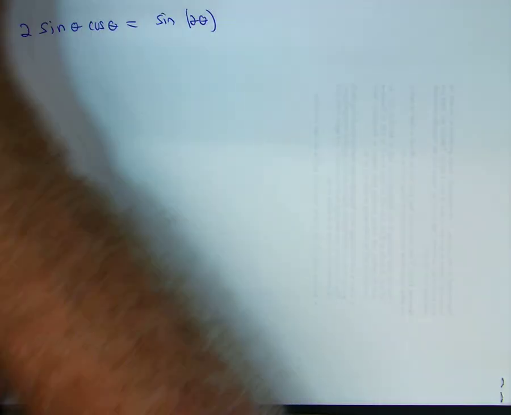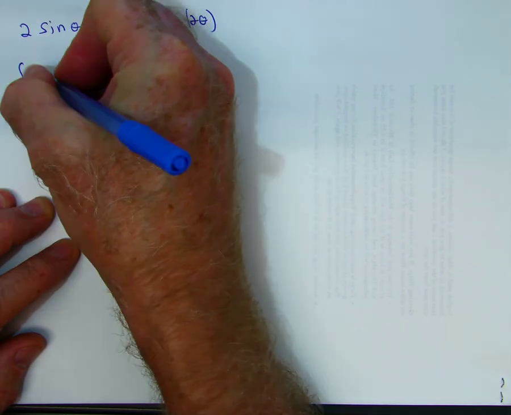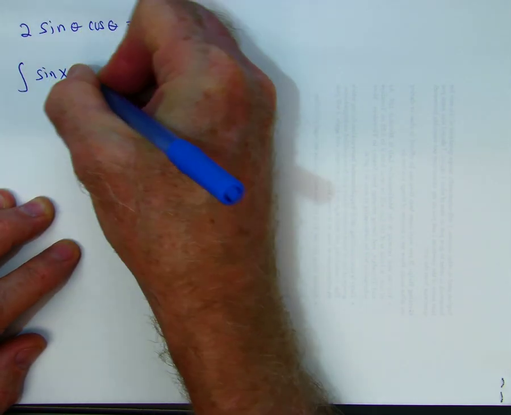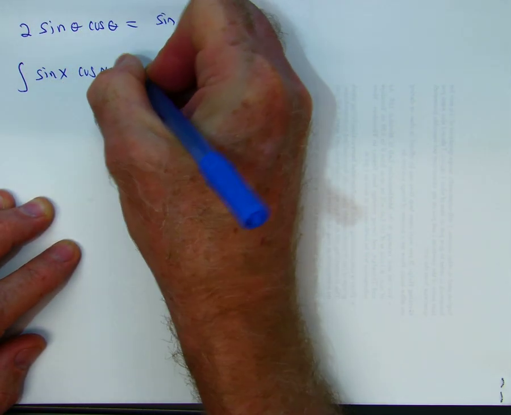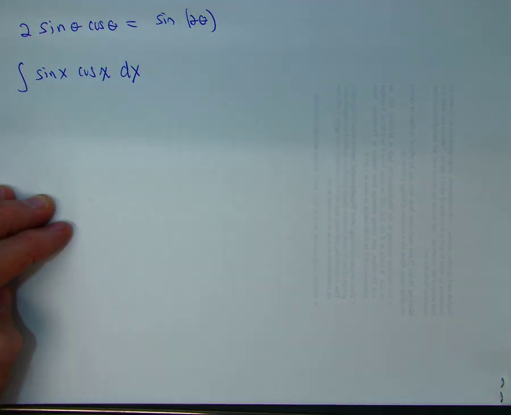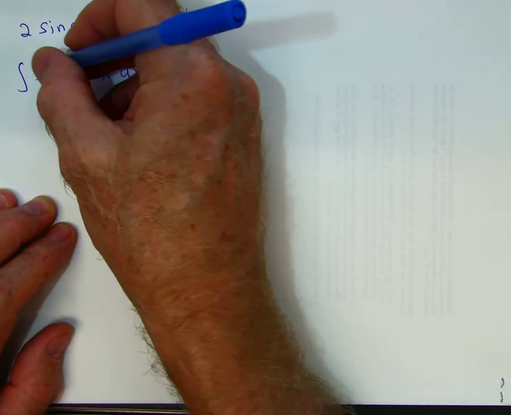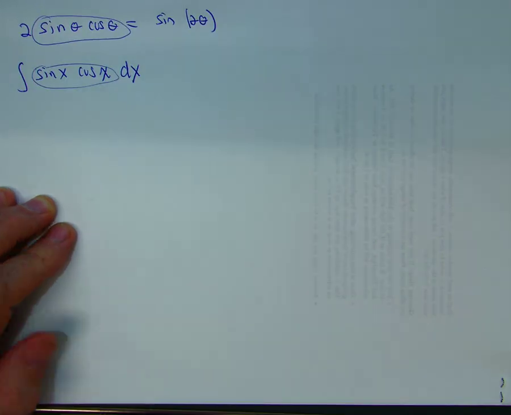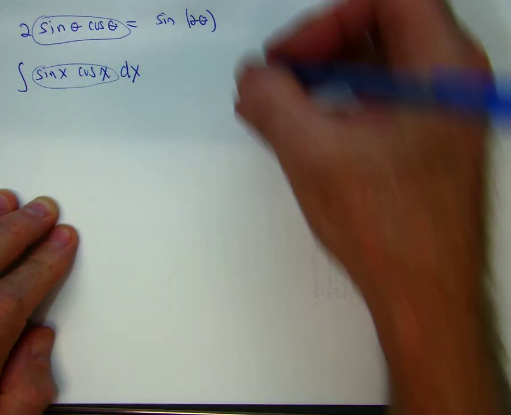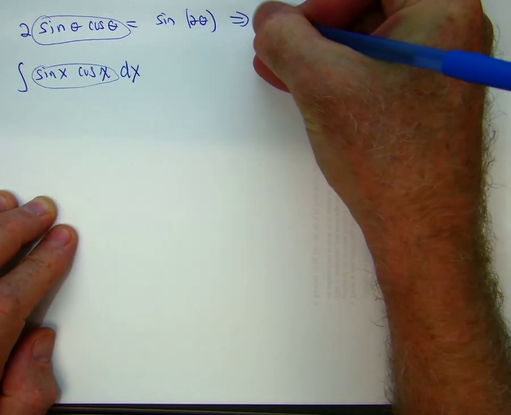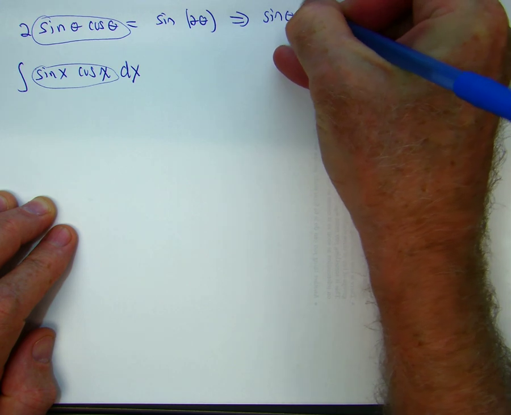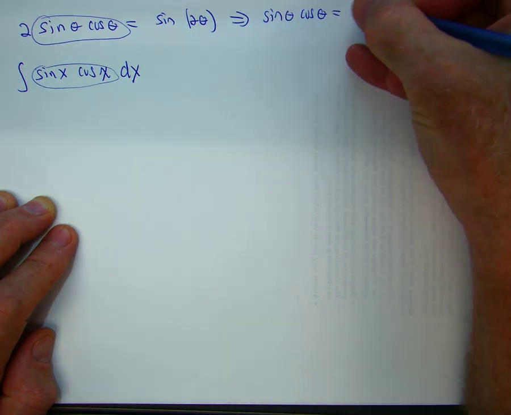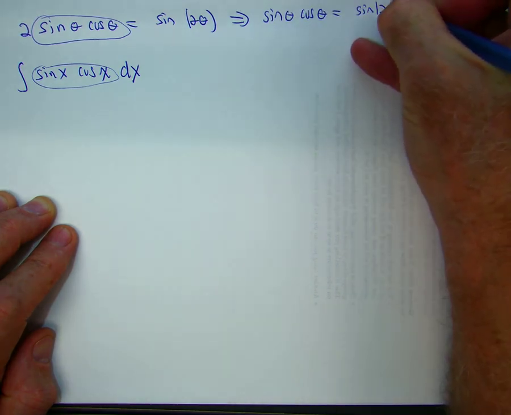So I look at this integral over here, sine x cos x dx, and, well, what's that equal to? I'm just going to solve for the sine theta cos theta. This tells me that sine theta cos theta is equal to sine of 2 theta over 2.